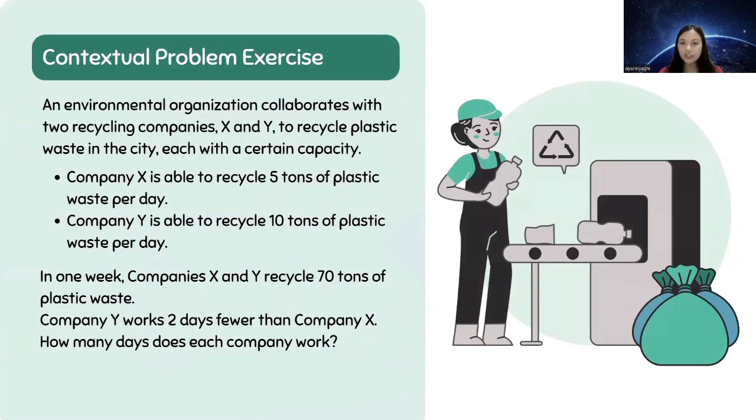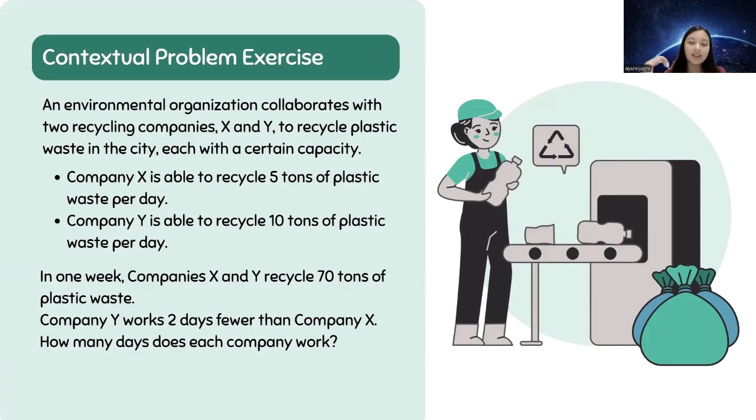Now, let's continue to a contextual problem. In this problem, there are two recycling companies, company X and company Y. Company X recycles 5 tons of plastic waste per day, and company Y can recycle 10 tons of plastic waste per day.